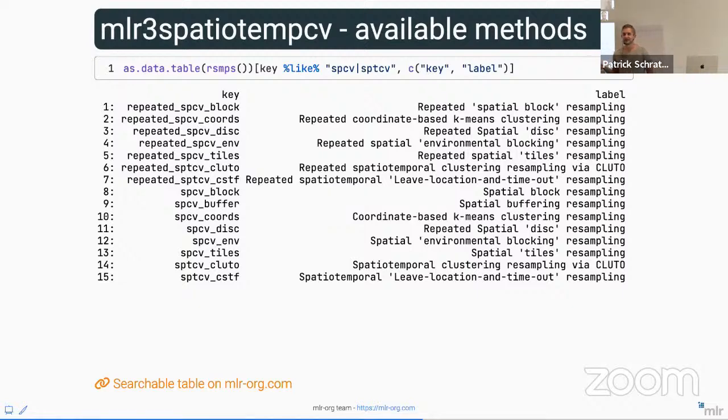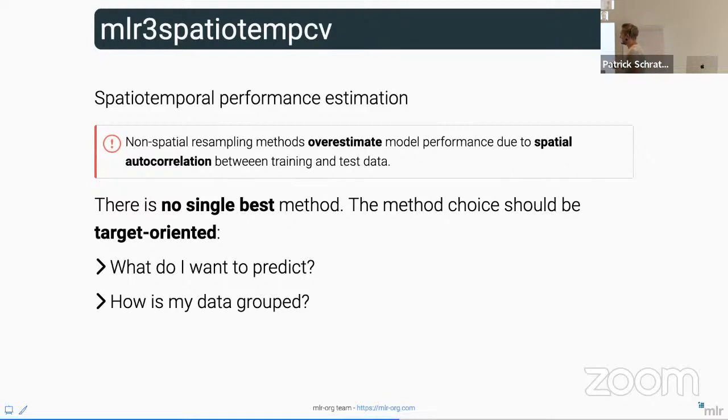Again, in the end, the important part is how you can ensure that your resampling scenario mimics what you want to do in the prediction case. How honest is your resampling? Because you can always cheat on yourself. You can do whatever you want in the resampling. The worst thing is probably using non-spatial CV on a very clustered data set, because you get a performance of almost no classification error.